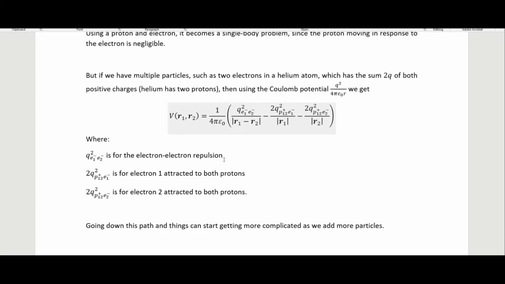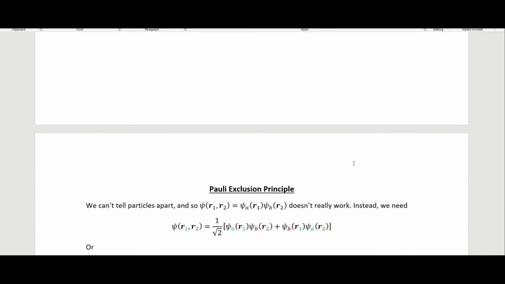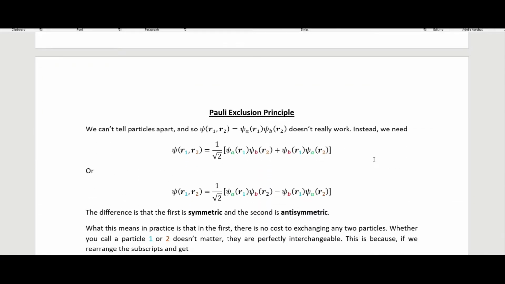And so we end up getting this, and you can see how this can start getting more and more complicated as we start adding more and more particles. And then we get to the Pauli exclusion principle, and what that is saying essentially is that the assumption we were using above doesn't really work, because 2 electrons are indistinguishable from each other.